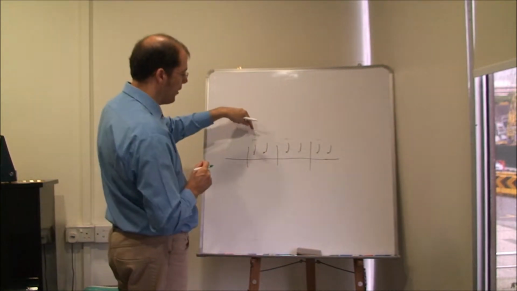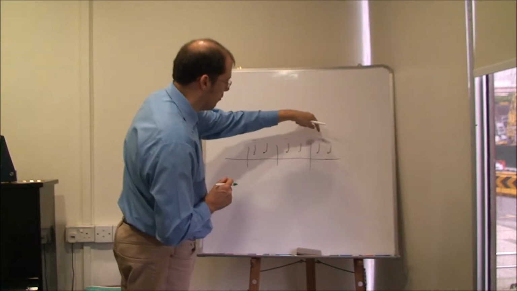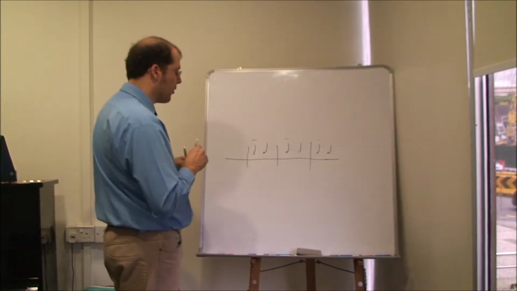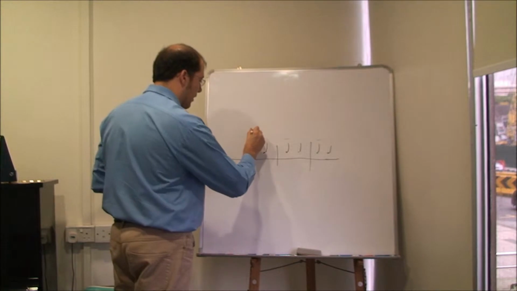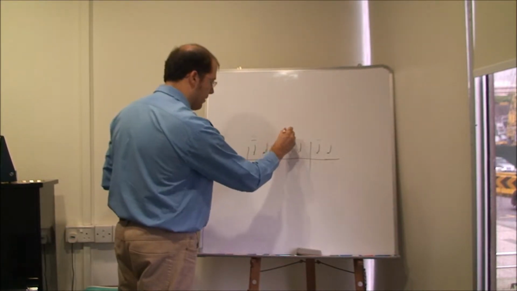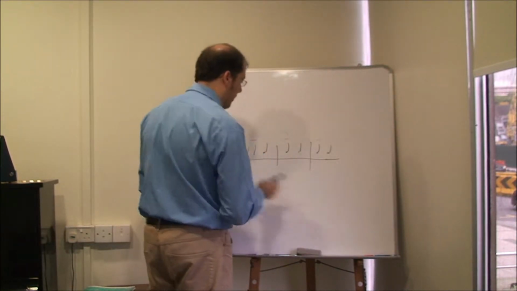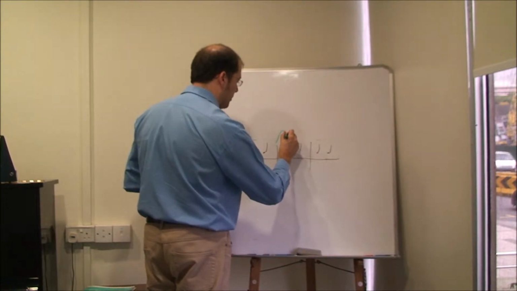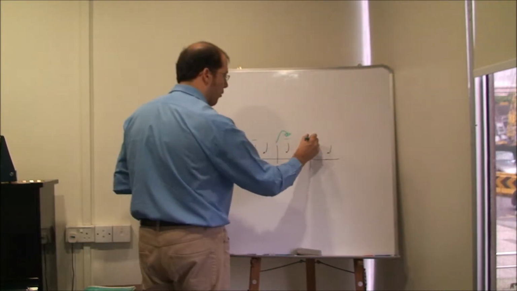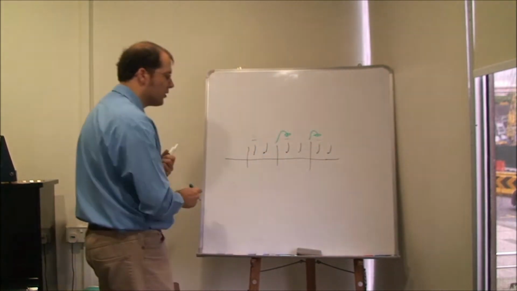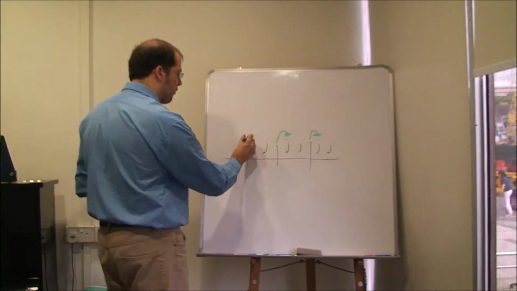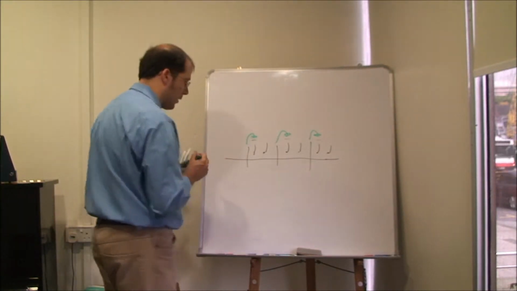So we go 1, 2, 1, 2, 1, 2. And that's what the bar lines tell us. They tell us that note is accentuated, and that note is accentuated, and so forth. So it's a little bit different from what it looks like at first.